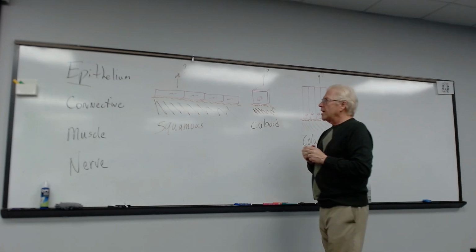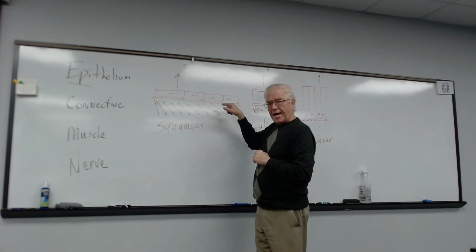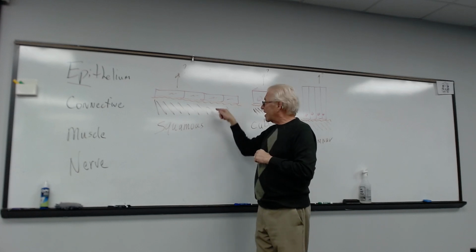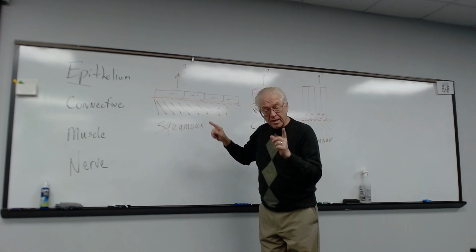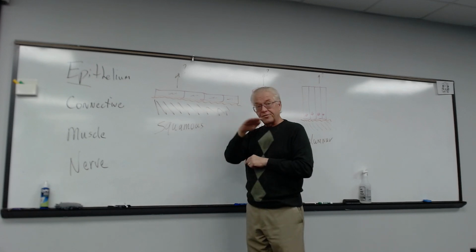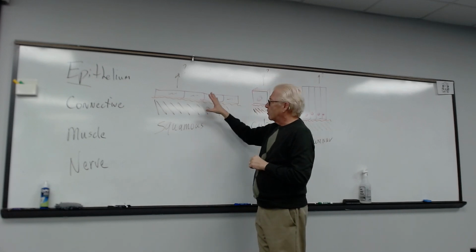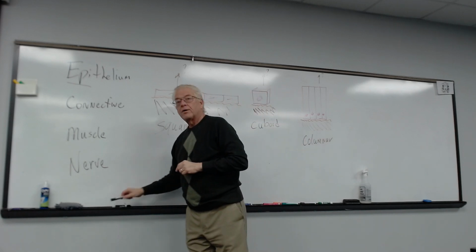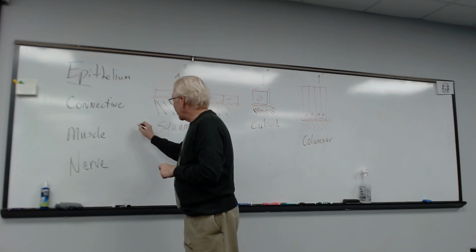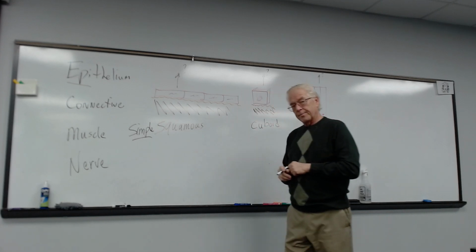All right? Now, simple squamous, because it's fairly flat, is it hard or easy for things to go through it? Easy. It's easier to go through one cell than 50 layers, right? Okay. So, when you have one squamous layer, we call it simple squamous. Simple means you've got one layer, all right?